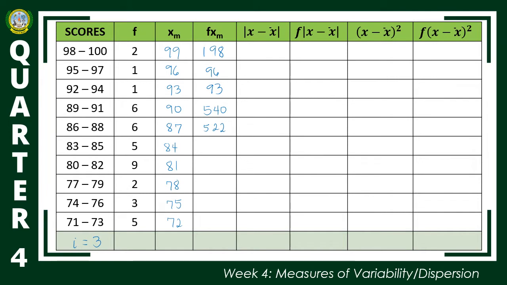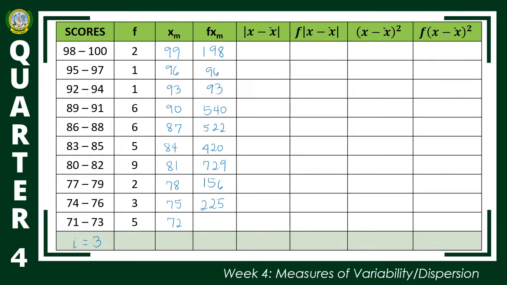And then 5 times 84 is 420. 9 times 81 is 729. 2 times 78 is 156. 3 times 75 is 225.